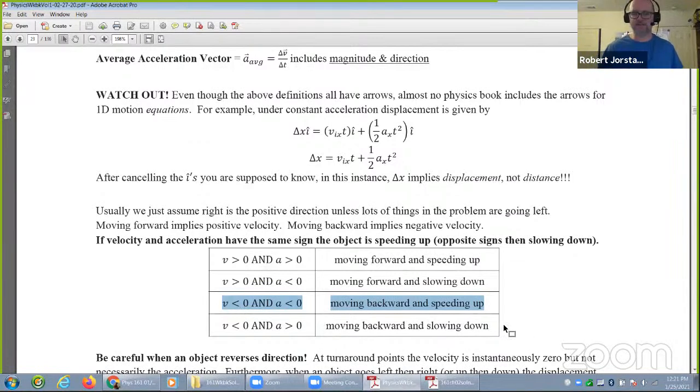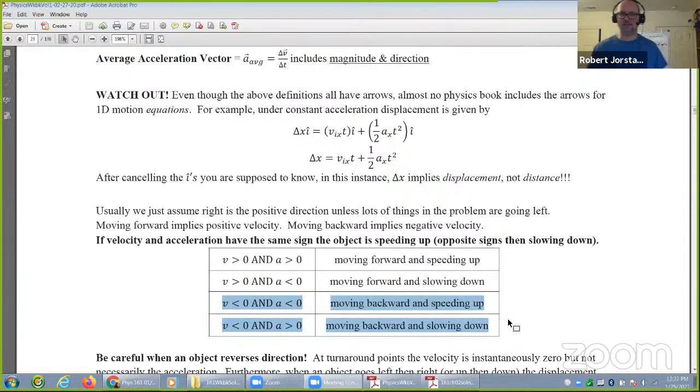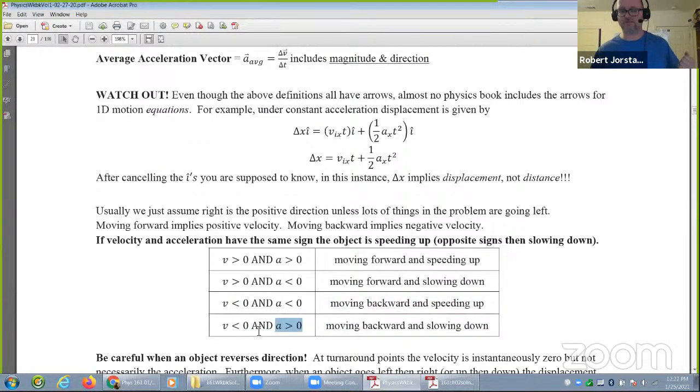Most people have no trouble thinking that if acceleration is positive, you're probably speeding up. However, if acceleration is positive to the right and your velocity is negative, you're actually slowing down. So a positive acceleration by itself is not enough to tell you if you're speeding up or slowing down. It's the relative signs of acceleration and velocity. More on that soon.